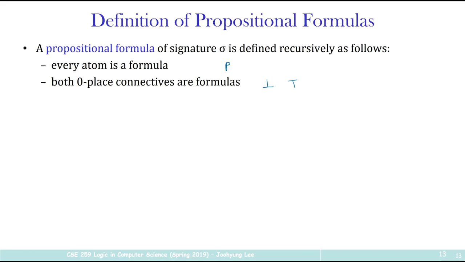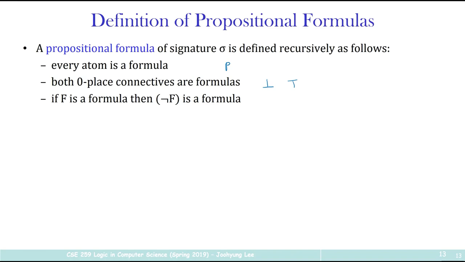So the first two cases are the base cases. And then the next is the recursive case, or inductive case. What that means is, in order to define a formula, this definition will call the same definition again. That looks somewhat strange, but that's how the recursive calls are made.